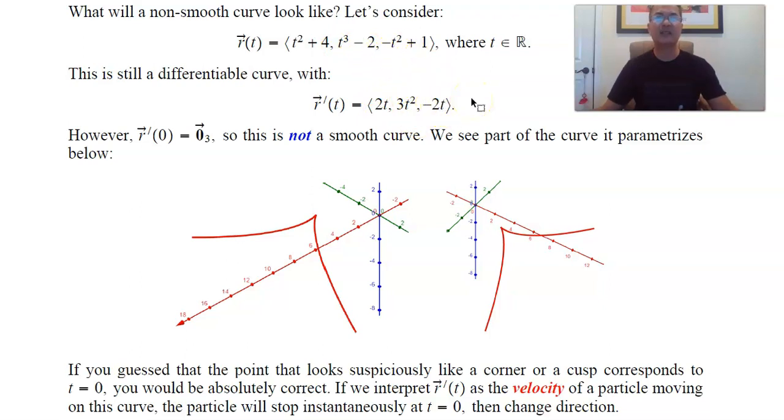So it always exists. However, if you plug in t equals 0, everything is going to be 0. So the tangent vector for t equals 0 is a 0 vector. This is not a smooth curve.